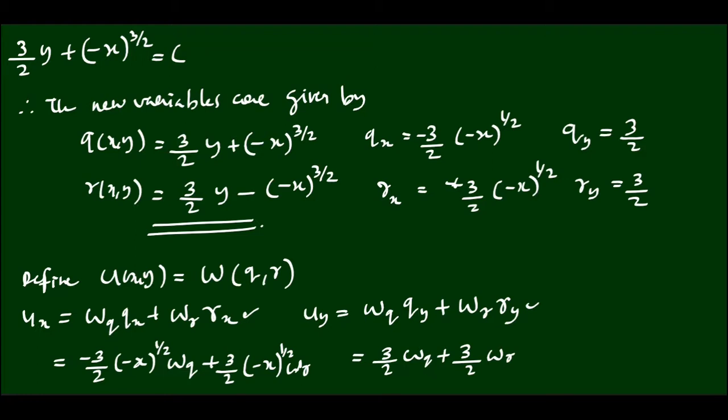Okay, so uxx will be equal to minus 3 by 2 into 1 by 2 times minus x raised to minus 1 by 2 into derivative of minus x, that is minus 1, into wq plus derivative of wq with respect to x into minus x raised to 1 by 2.